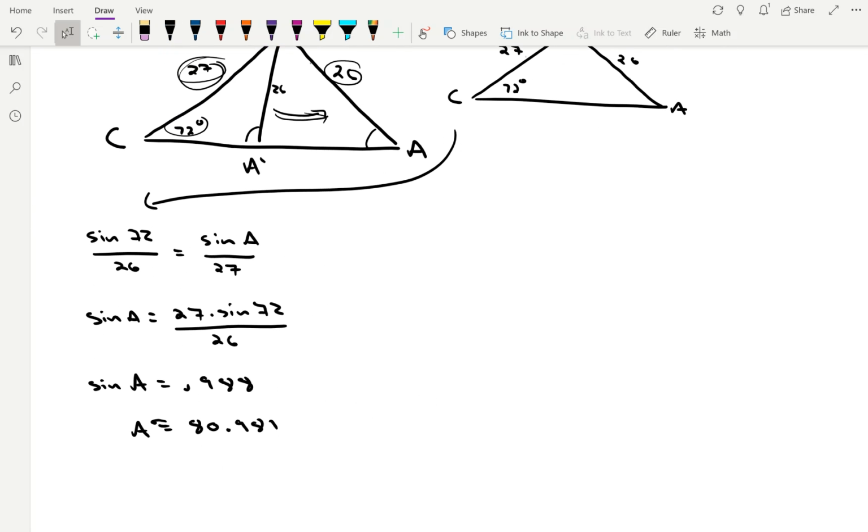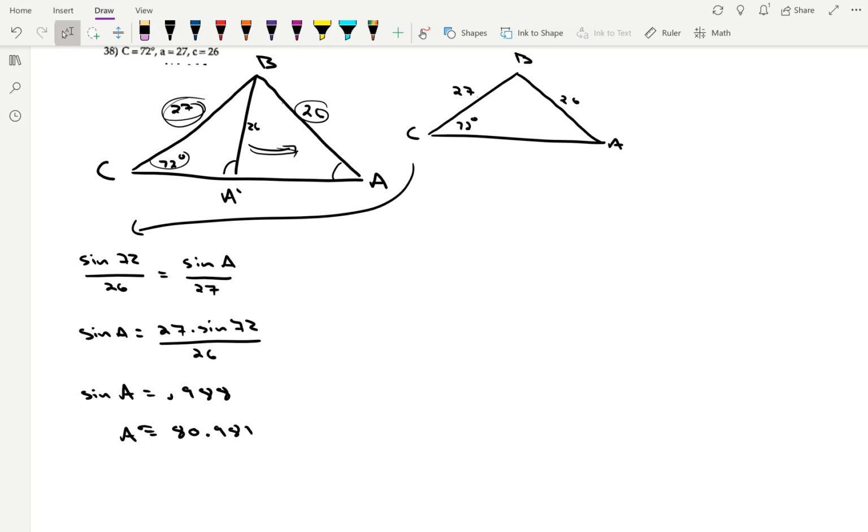Okay, so did I solve that triangle? Let's see. I have big A now as 80.981 degrees. And what can I get next from that?